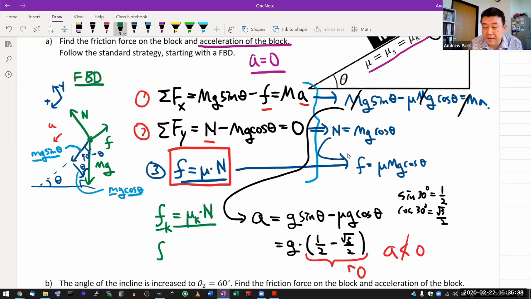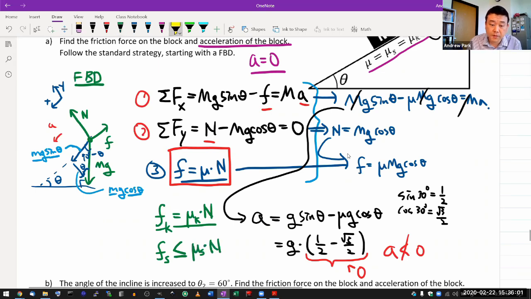But the static friction force is more complicated. There's no simple formula that tells you what the static friction force is. There's an expression that tells you what the maximum value for static friction force can be. And for that, you say it's less than or equal to mu(s) times n.